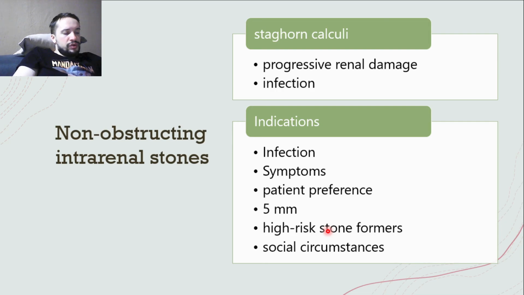Indications for treating smaller intrarenal stones include infections, symptoms, for example pain or hematuria, patient preference, stones larger than 5 mm, high-risk stone formers, and social circumstances that would make seeking future medical attention difficult should an emergency arise.